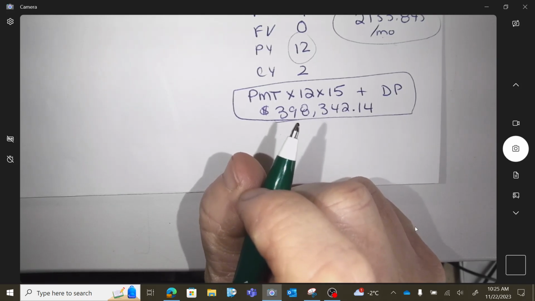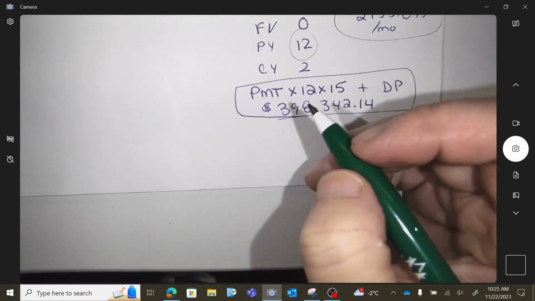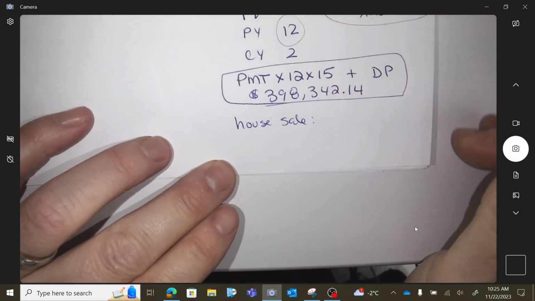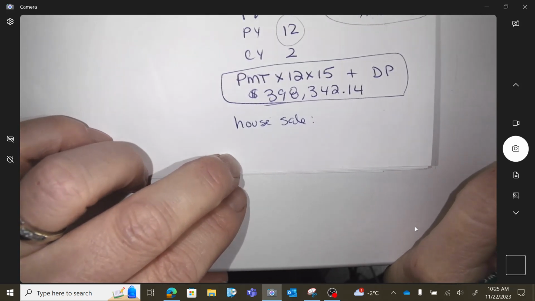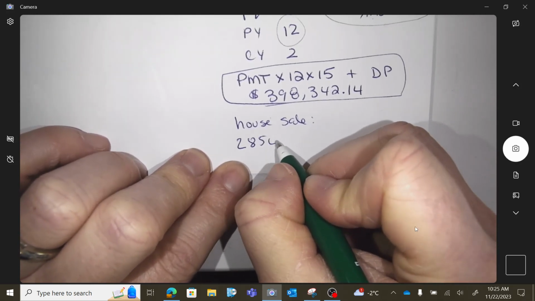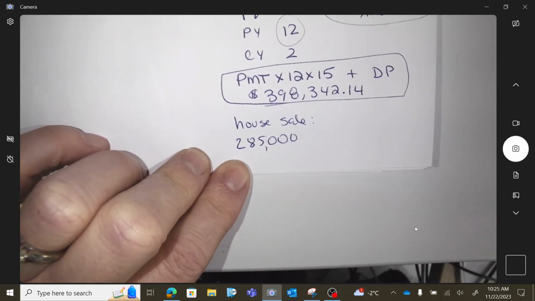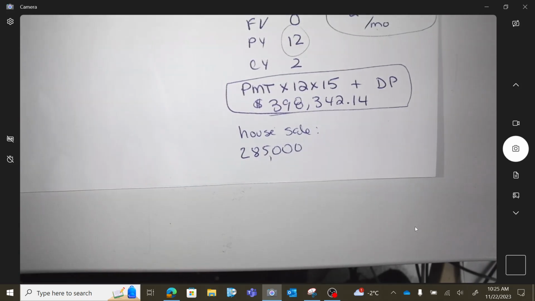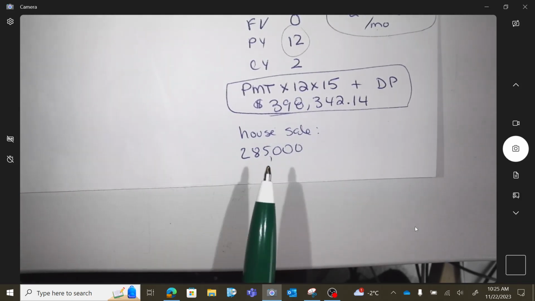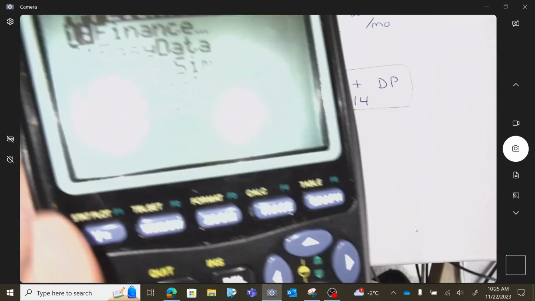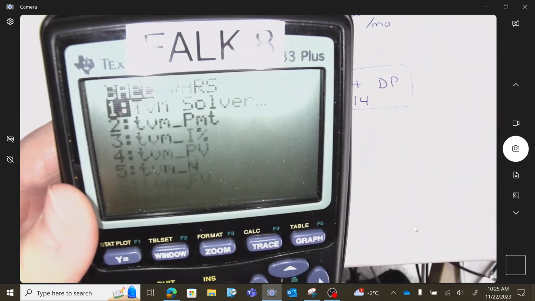It sounds like he sells the house. House sale. So we're going to sell the house after these 15 years. So the house at the start was worth $285,000.